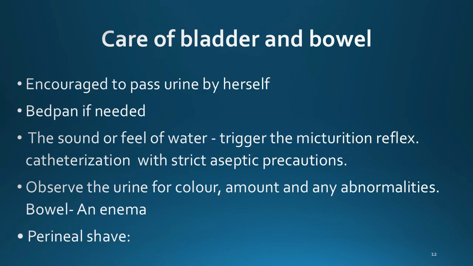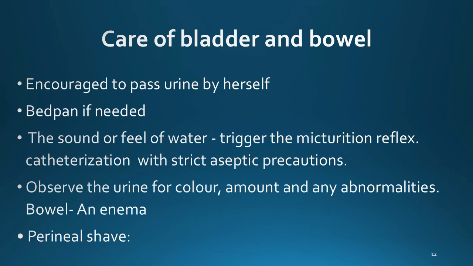Ensure bladder and bowel care during the first stage. As the presenting part gradually descends, it compresses the urinary bladder, and a distended or full bladder or a rectum loaded with feces will lead to delay in labor progress.